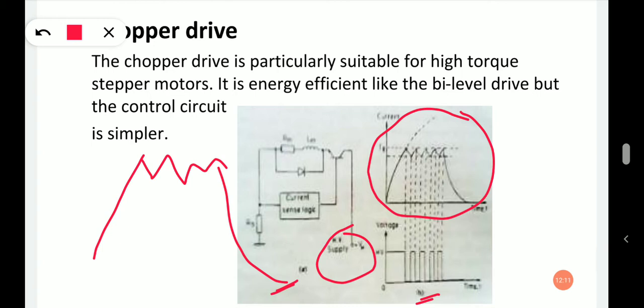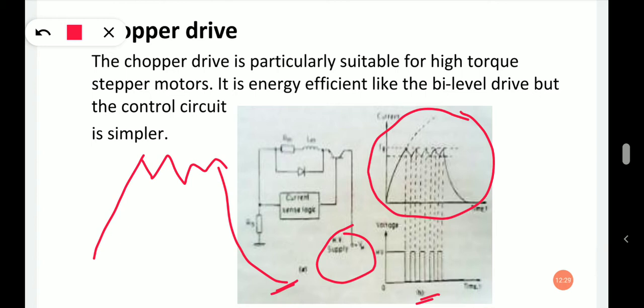The process is repeated 5 to 6 times within the on time period before the phase is switched off. During this period, the current oscillates about the rated value as shown in the figure.